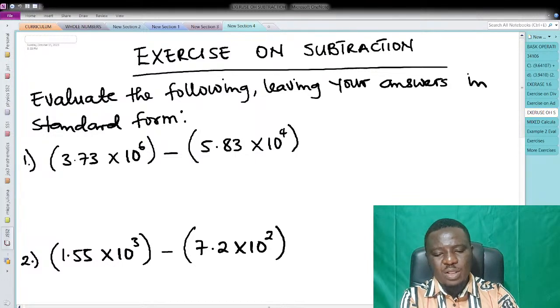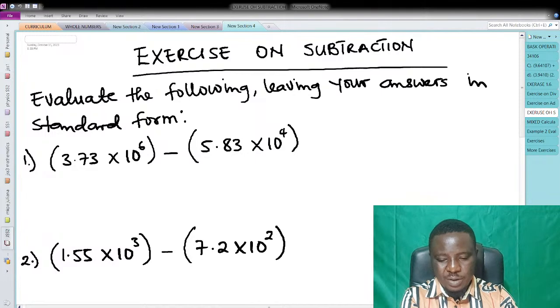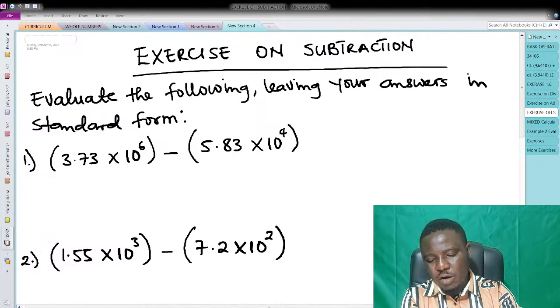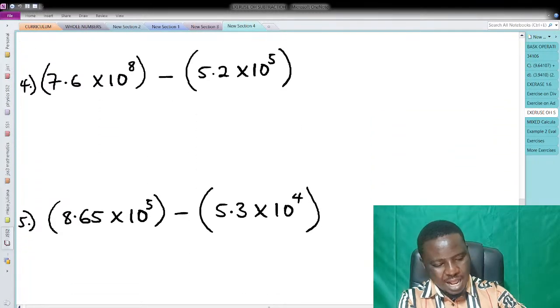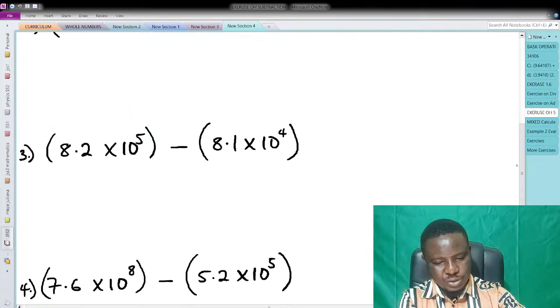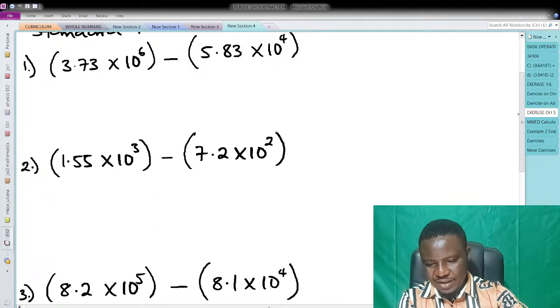You're asked to evaluate the following, leaving your answers in standard form. So let me see you solve all of this. We have about 5 questions.